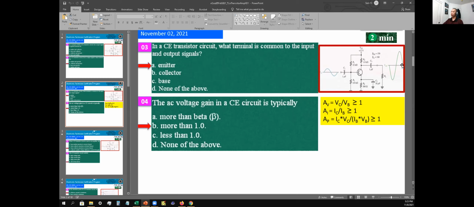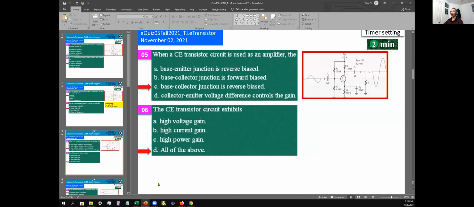So your gain is going to be greater than 1. All right, any questions on number 3 or 4? Okay, no questions. Next.